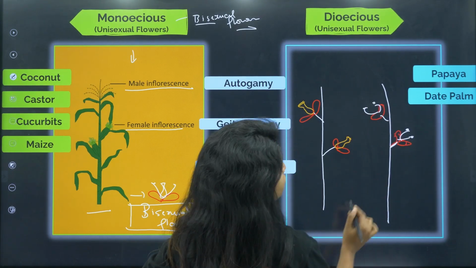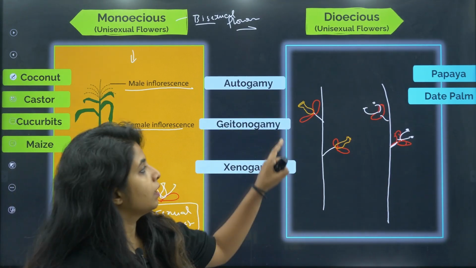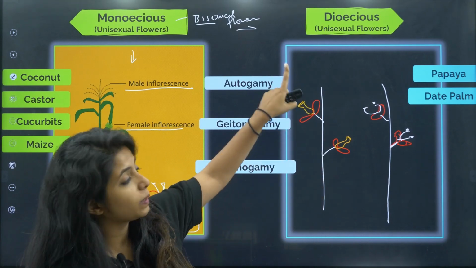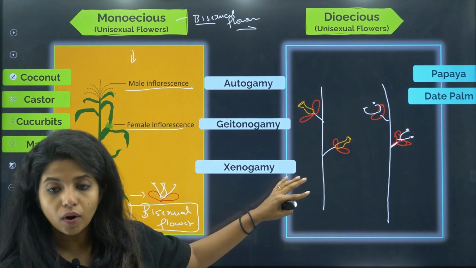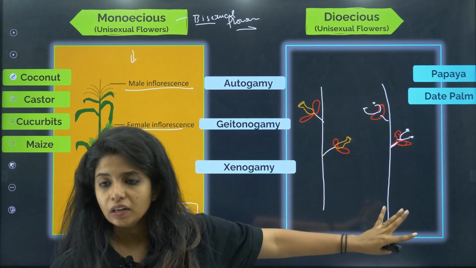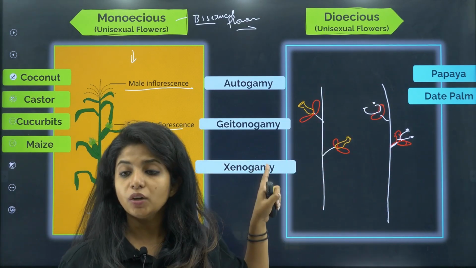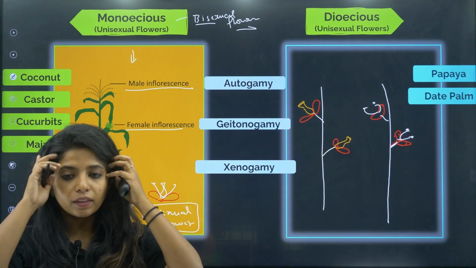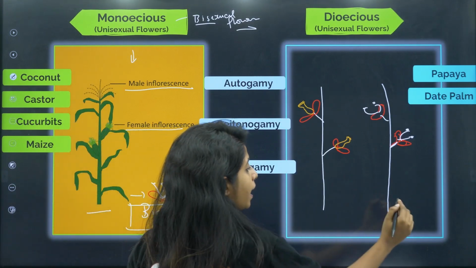So, you can note here that this plant as a whole is what? Unisexual. This plant as a whole is also again unisexual. They are known as dioecious plants, the ones where there will be different plants for different sexes.